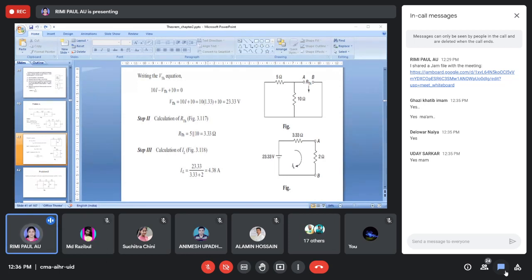So how to convert it? First, you have to divide voltage by resistance. That means 23.33 volt by 3.33 ohm. If we divide, then you will get the current.